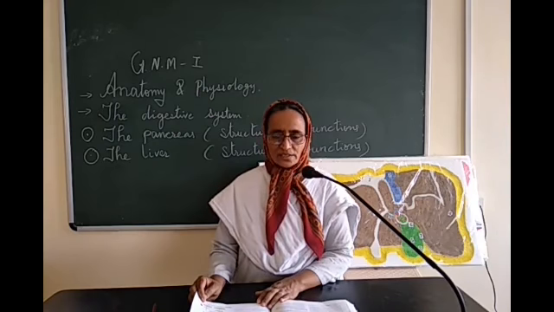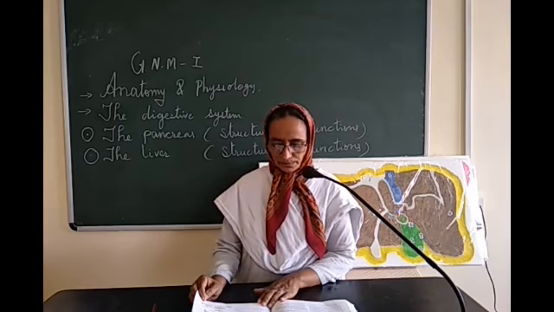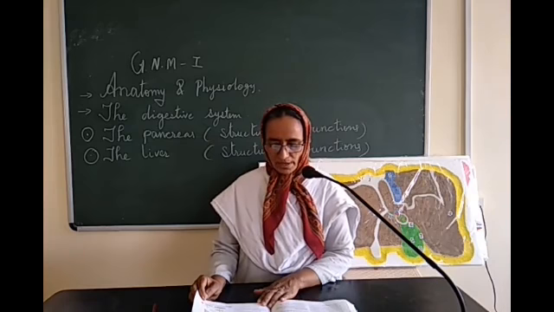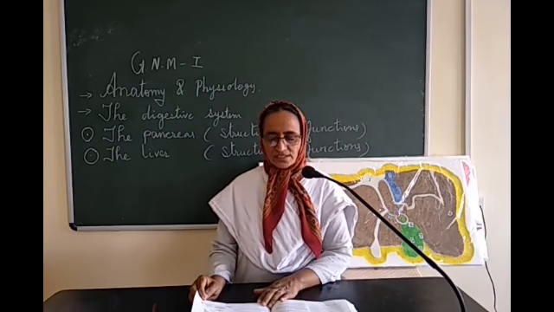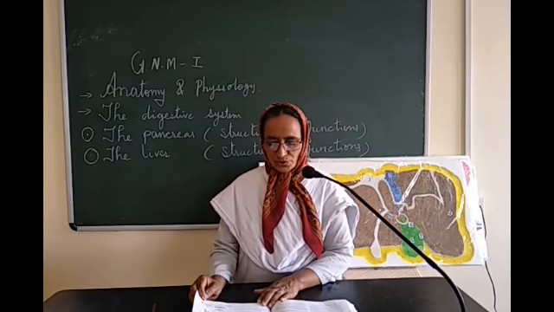As I said earlier, the liver is the largest organ and the maximum heat is produced by this organ, and this heat is provided to the entire body. Secretion of bile. The hepatocytes synthesize the constituents of bile from the mixed arterial and venous blood in the sinusoid.